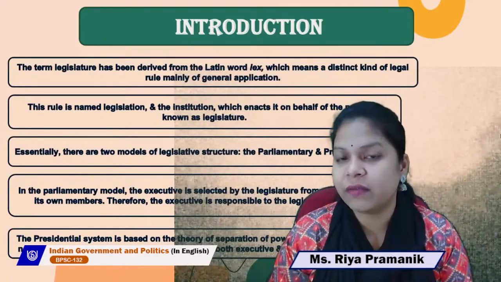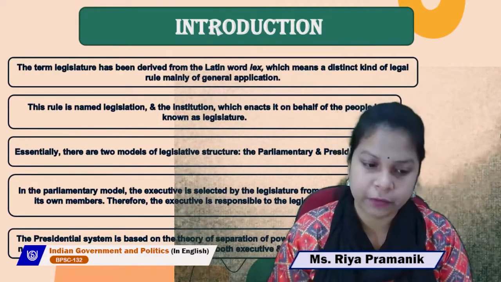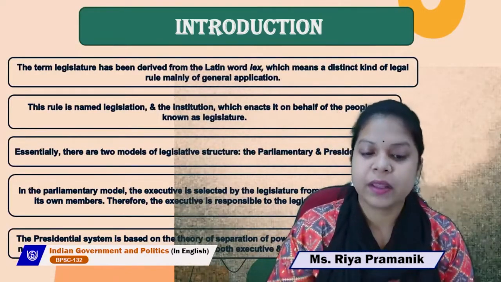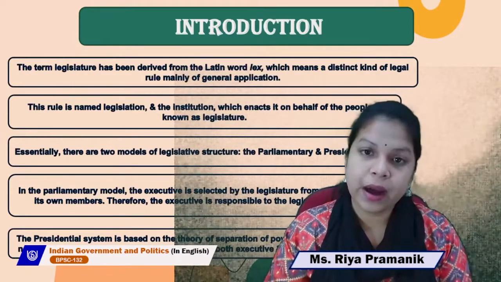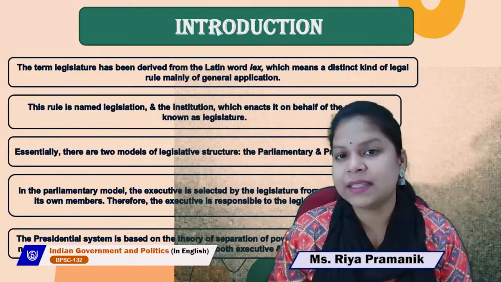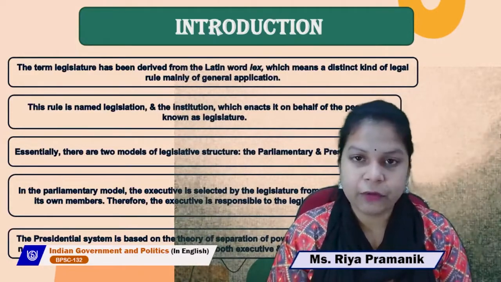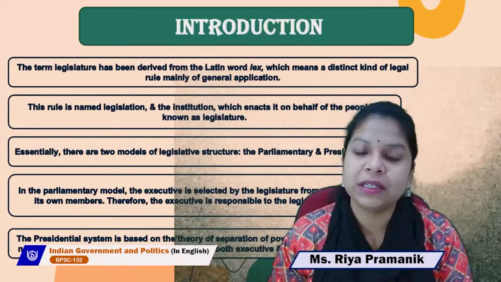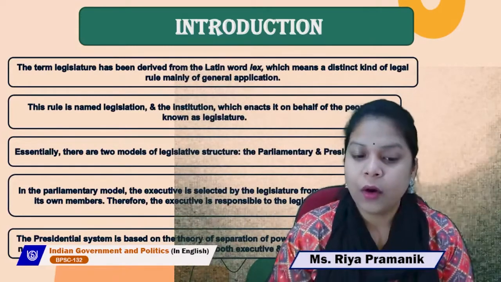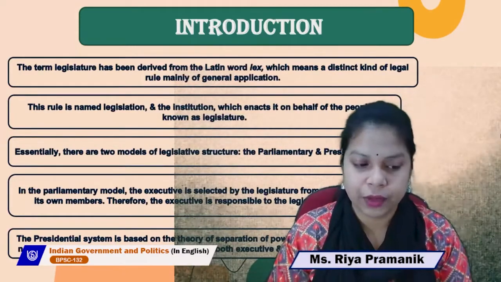So in a country where there is a parliamentary form of government, it is the legislature who selects the executive from among its own members, and therefore the executive is responsible to the legislature because it is the legislature only who selected the executive.